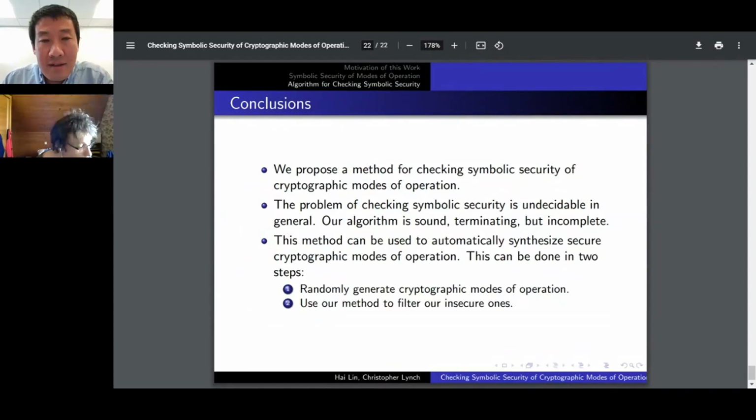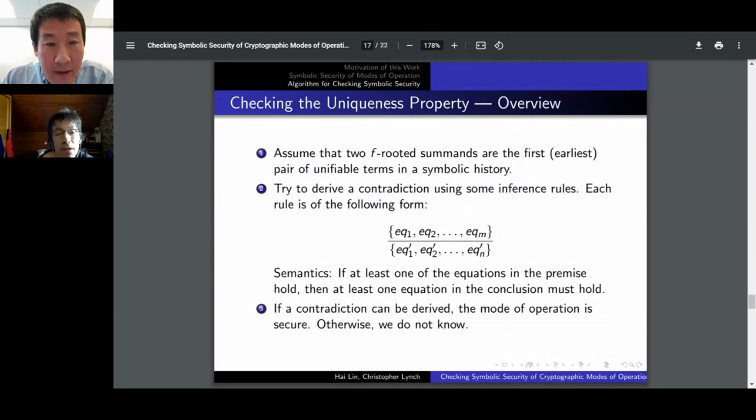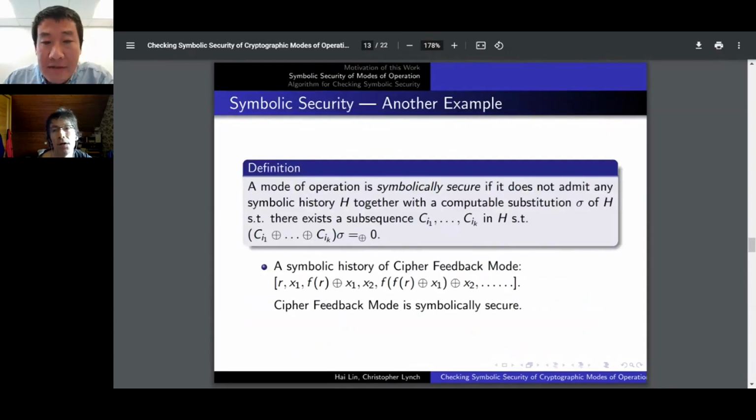Another question. I think that you have introduced a specific mode of encryption in your talk, and my question was: does it satisfy the uniqueness property? Is it an example where the uniqueness property does hold? Yes. For the CFB mode, Cipher Feedback mode, that property is satisfied.